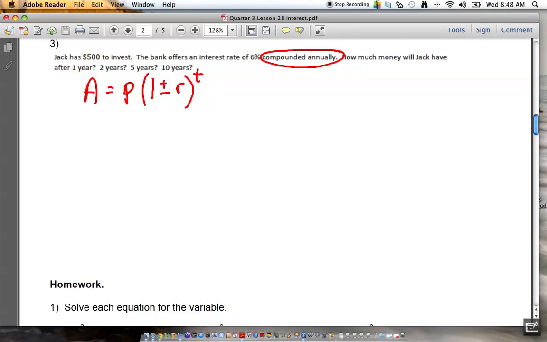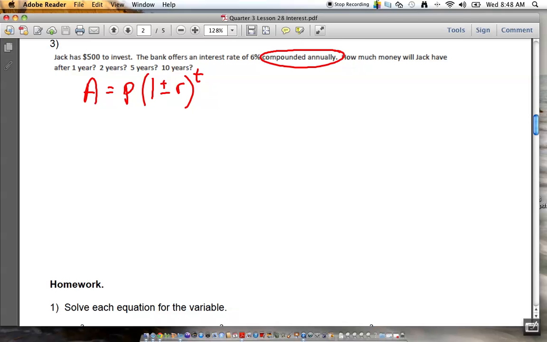Now, why a plus or minus symbol there? We're dealing with interest now, right? If you have a bank account that you're depositing money into and that money is increasing, what sign do you think you would use? Plus.